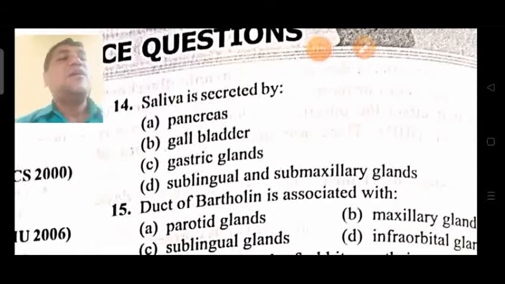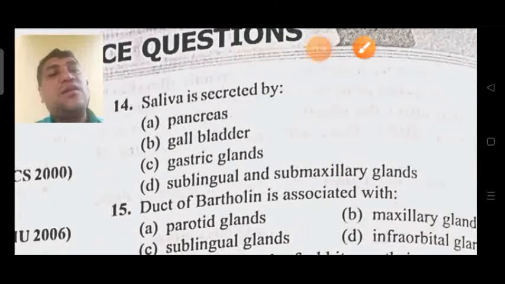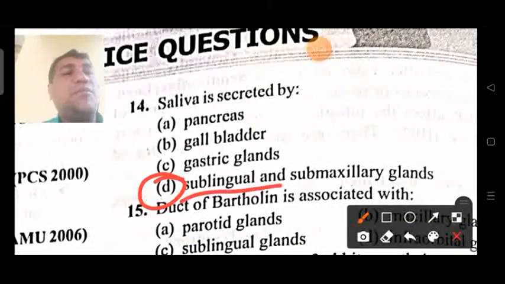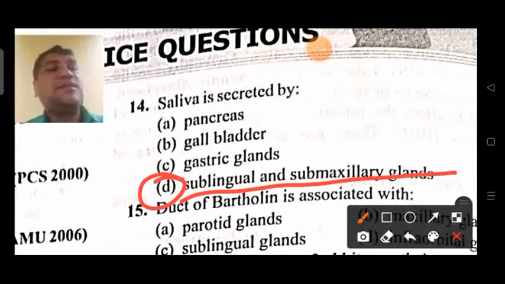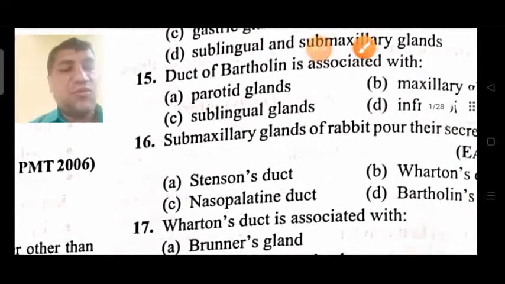We know that we have three pairs of salivary glands: sublingual, submaxillary and parotid glands. So pancreas, gallbladder and gastric glands are not the answers, and the answer is only option D, sublingual and submaxillary glands.